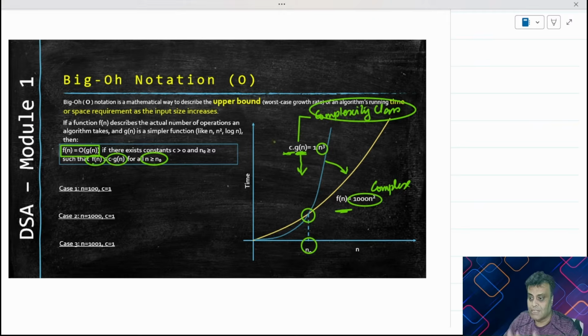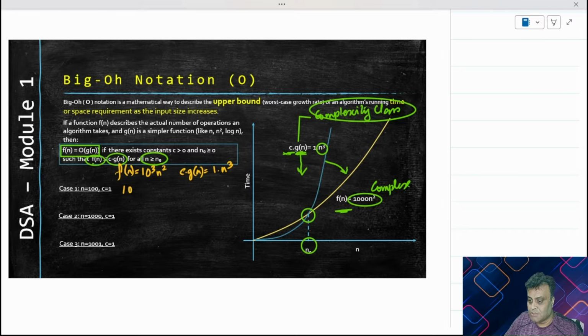How do you do it? Let us see. So now let us put our Fn, which is basically 10 to the power 3 n square, and our c dot gn is 1 dot n cube. Now let us look at case 1. Let us put n as 100.